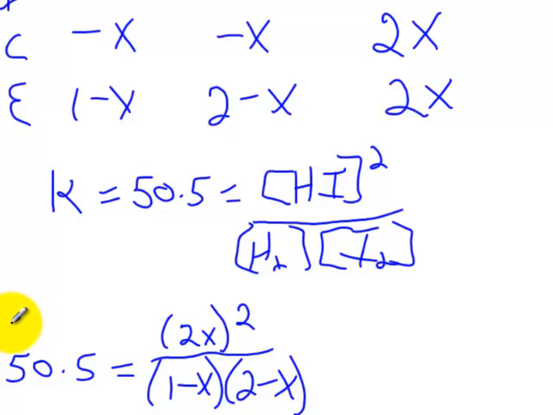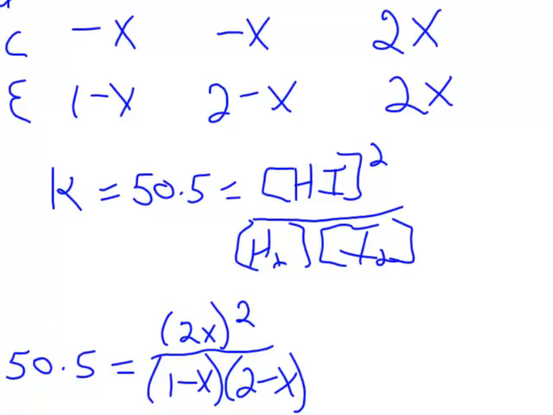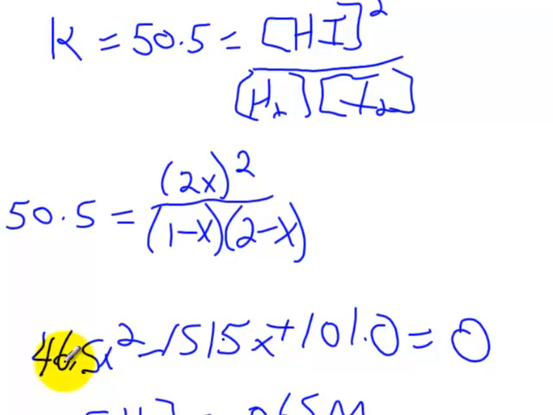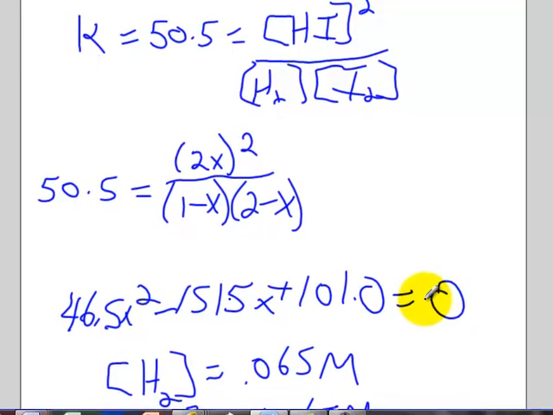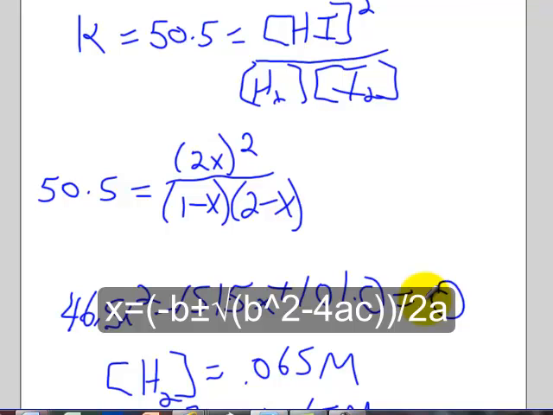So, pause the video right now and rearrange this into a quadratic equation. Okay, I have assumed you have rearranged this, and that's what it comes out to be: 46.5 x squared minus 151.5x plus 101 equals 0. Now you have to do the quadratic equation. I assume you all remember how to do the quadratic equation: negative b plus or minus the square root of b squared minus 4ac all over 2a.